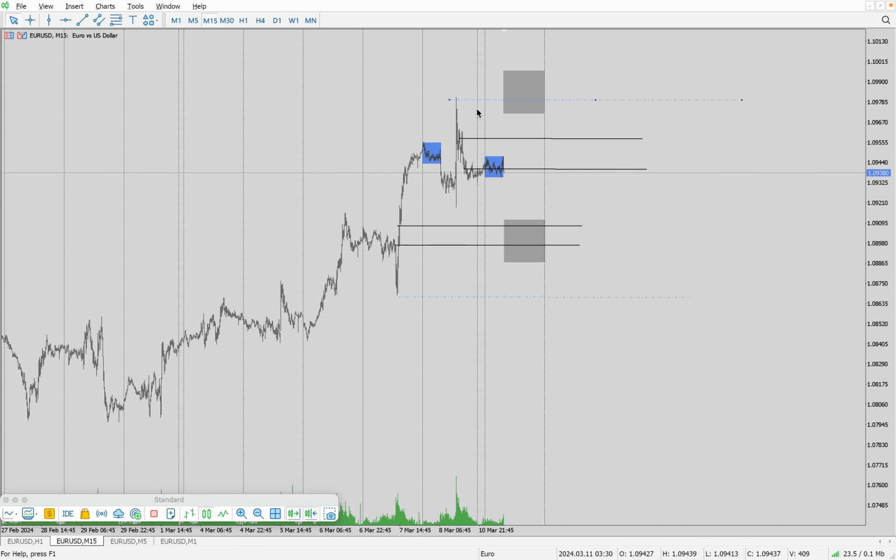Number 3, it is the lows and the highs of the days from the previous days. Friday, low of the day. Friday, high of the day. Thursday, high of the day. These are called pivot points. Okay.